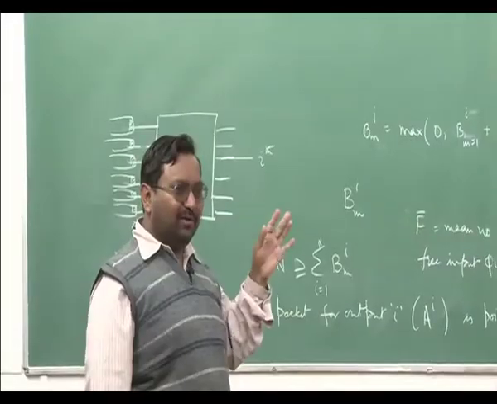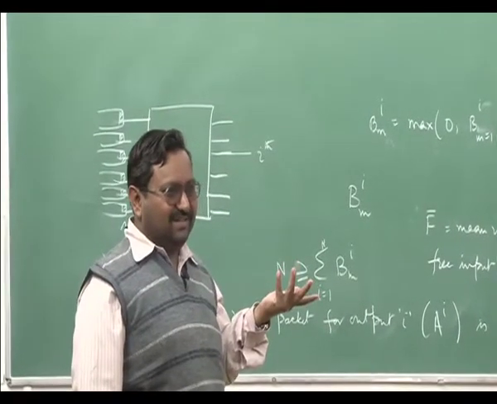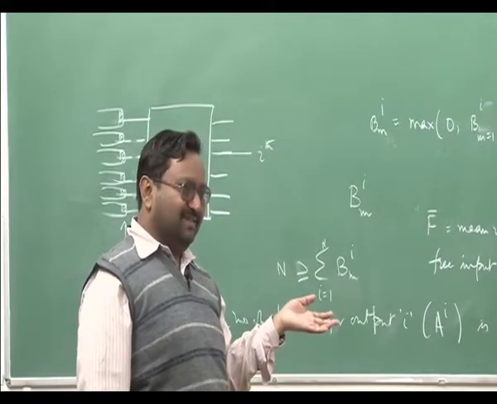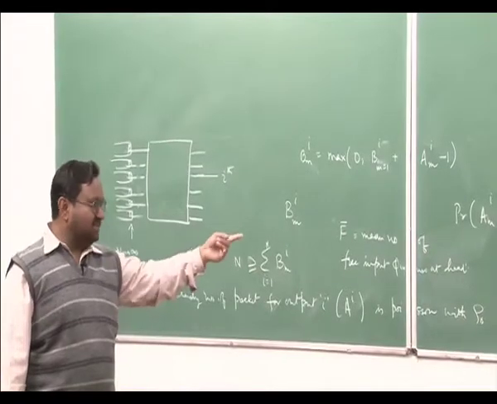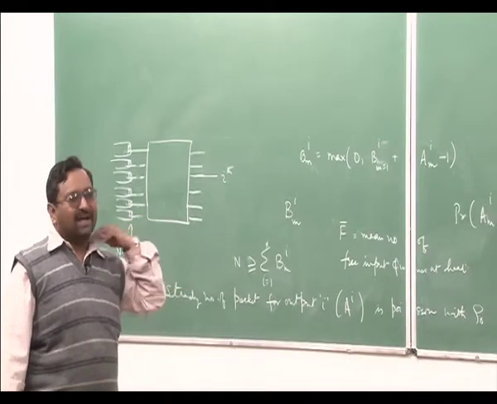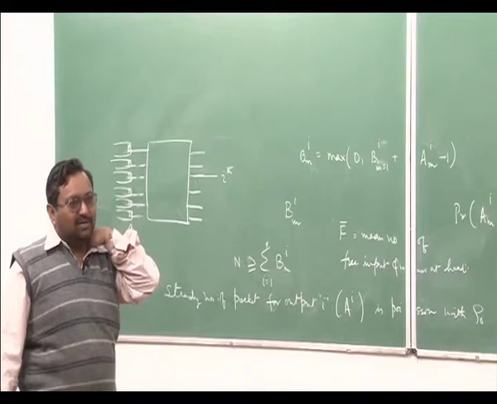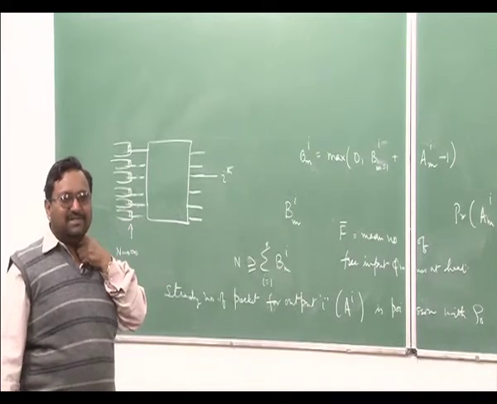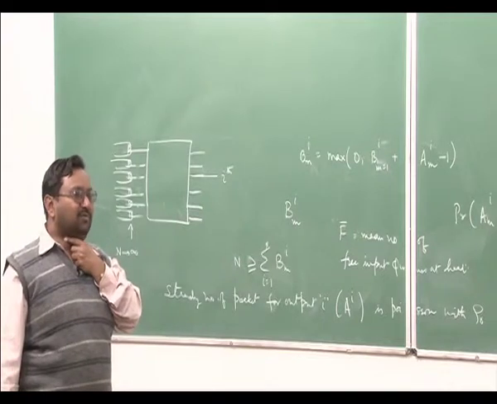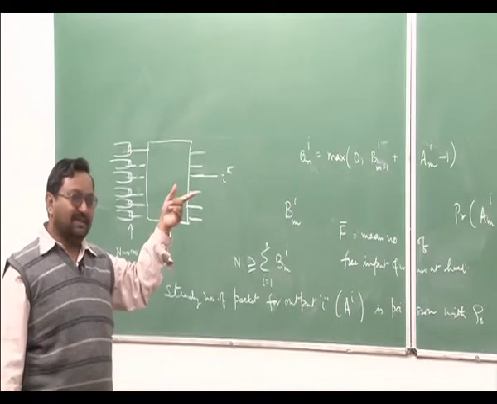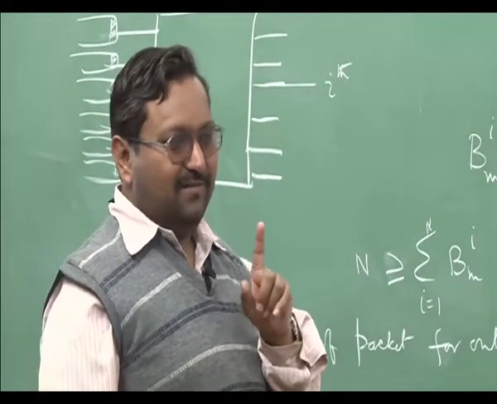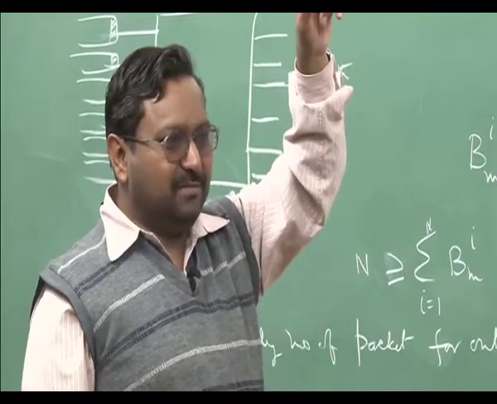You are putting packets all the time, but you have to maintain a steady state. So output utilization has to be equal to input utilization. There is a maximum which you can achieve under saturated condition; you cannot have input utilization higher than this. If you do, your queue will blow up and will not be stable. So the stability condition does not come at rho naught equal to 1, which was the case in the earlier output queuing system, where only when P, the utilization of every link, went to 1 did you get instability.